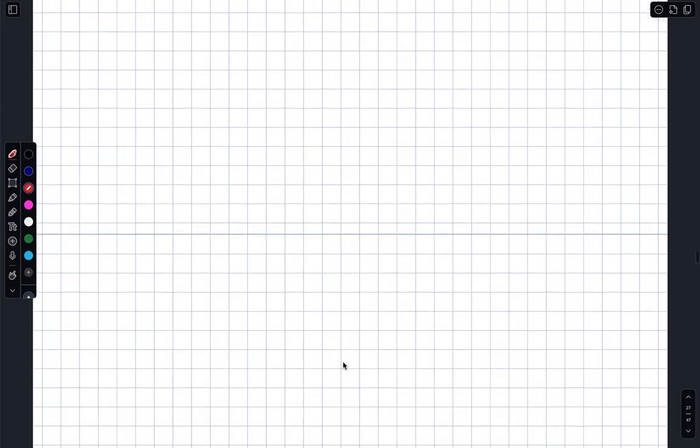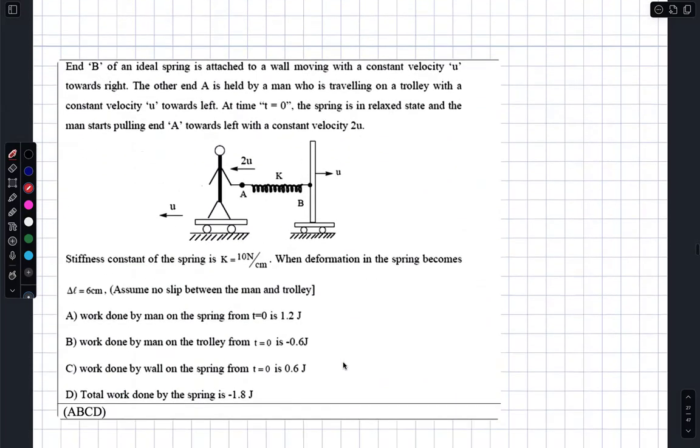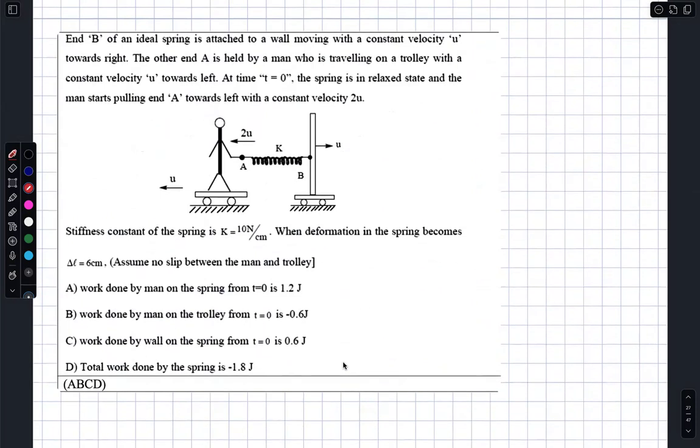Actually, this comes under next week, but still I would like to discuss this question. You can see the spring here.